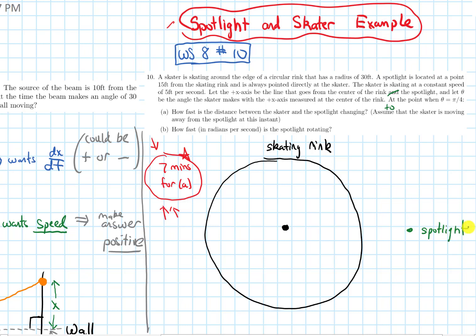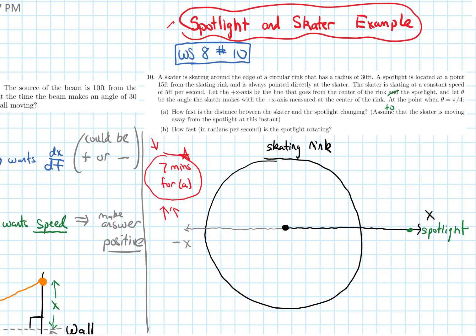Besides just being nice and symmetric, the reason I'm doing that is the question mentions that we have this positive x-axis, and that's a line that goes from the center to the spotlight. So let me draw a line from the center to the spotlight. Okay, so this is the direction of the positive x-axis, and maybe if I needed it, I could draw a line going this way, and that would represent my negative x-axis.